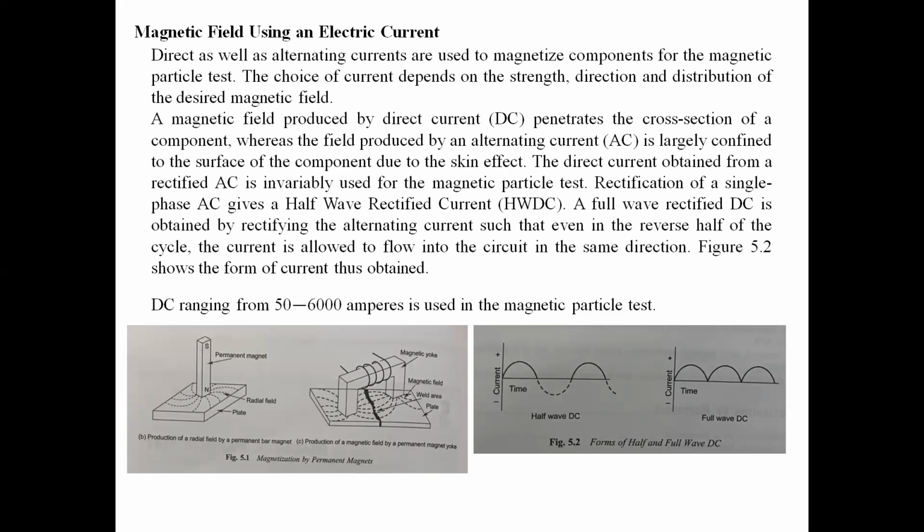And now we are supplying the DC current to the material to convert that material into magnetic material. Okay, that is magnetization. So both currents are used. DC ranging for magnetic particle testing is 50 to 6000 amperes required for DC type of magnetization.